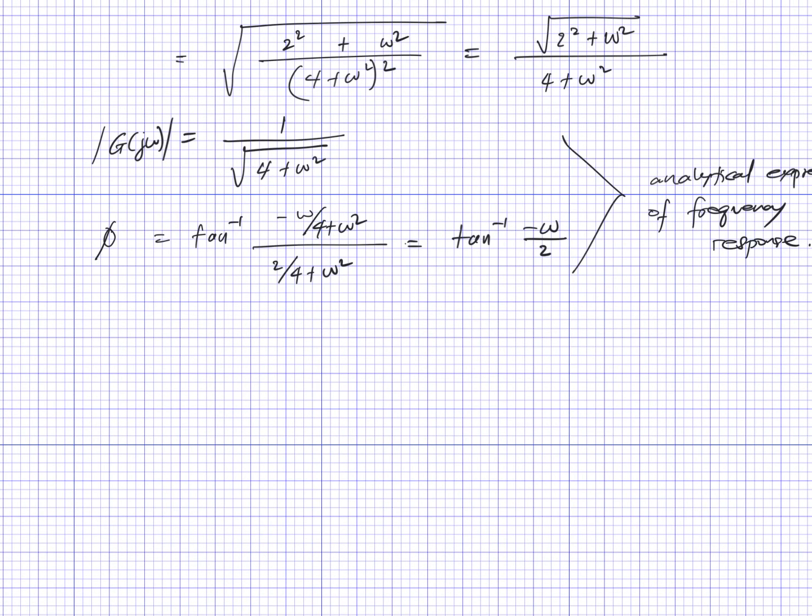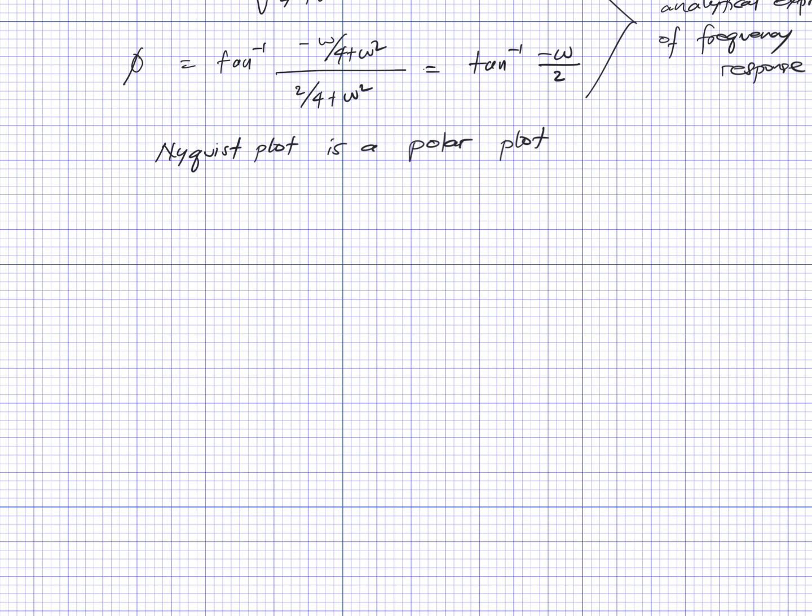The Nyquist plot could also be called a polar plot because it is plotted using the real axis as x and j omega as y, where the magnitude is expressed as the length of the phasor.